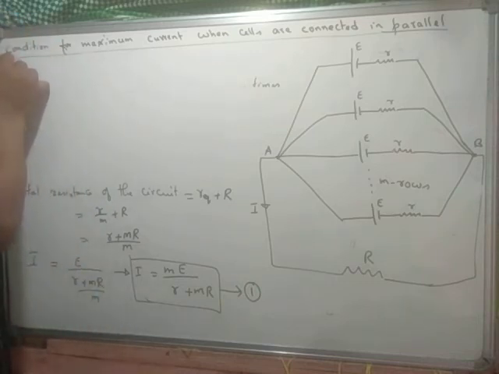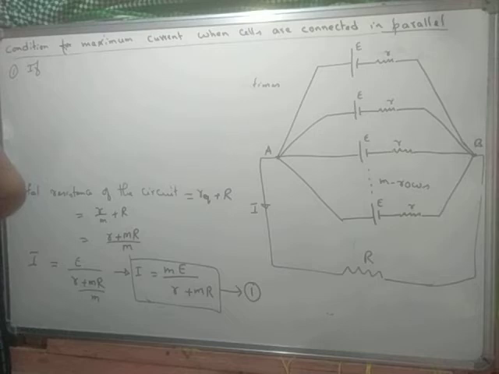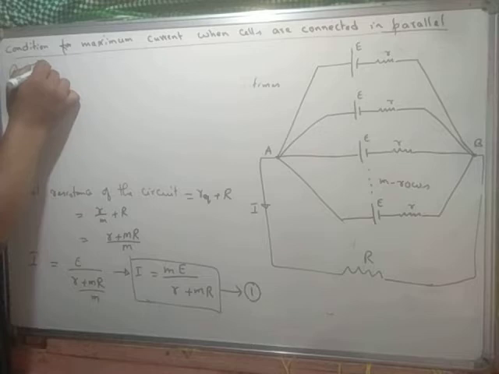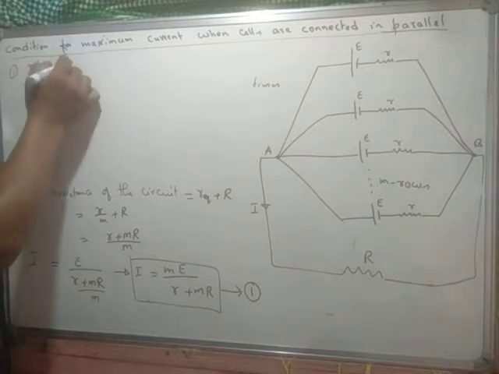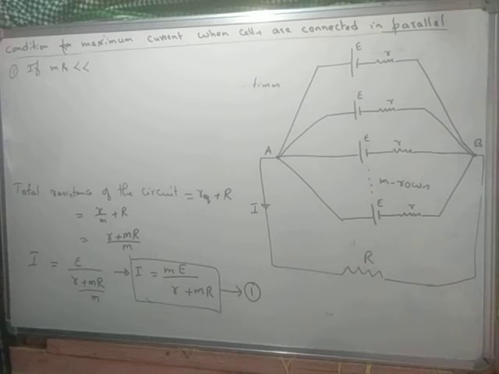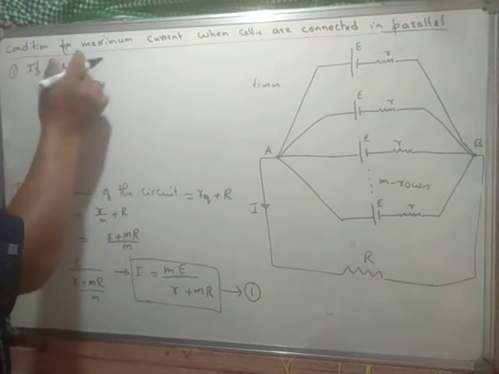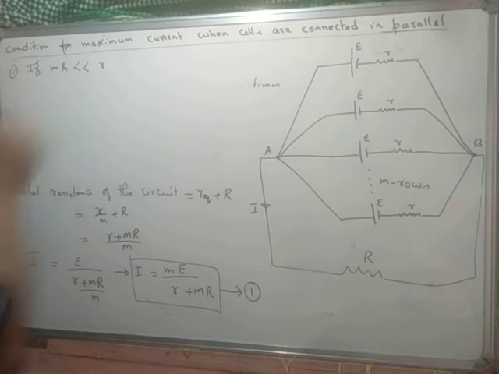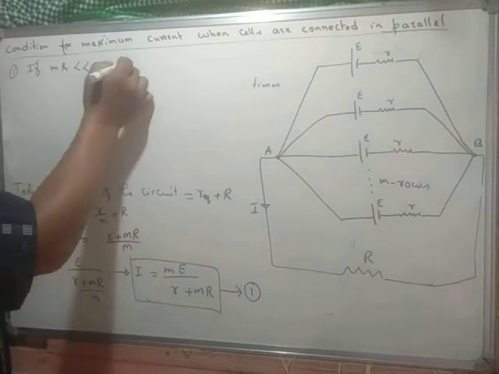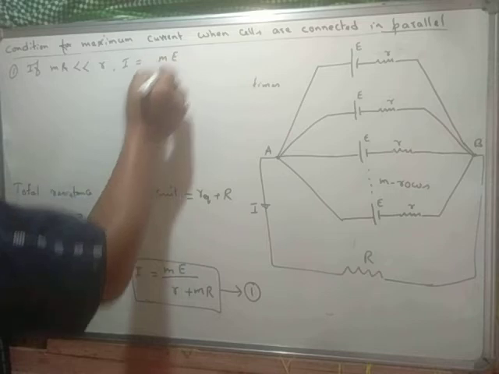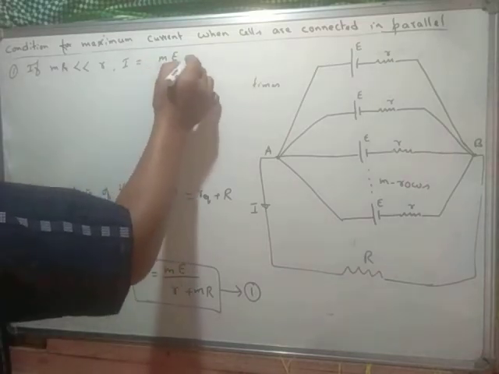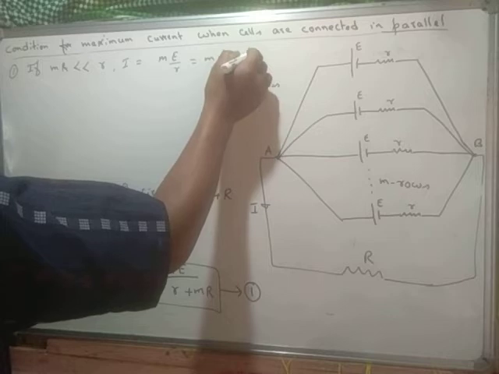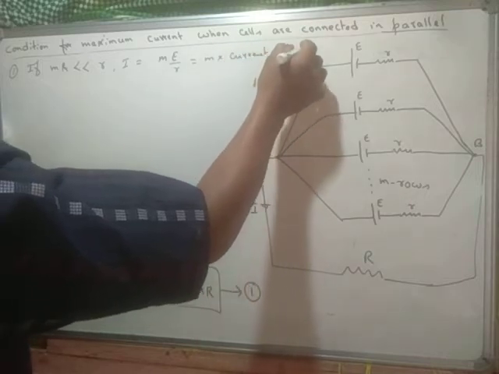Case number 1: if mR is very small compared to r, then what happens to I? I is equal to mE upon r. So this is m times the current due to one cell.